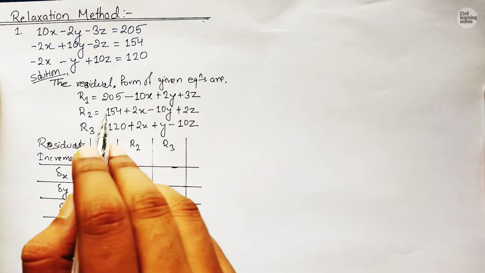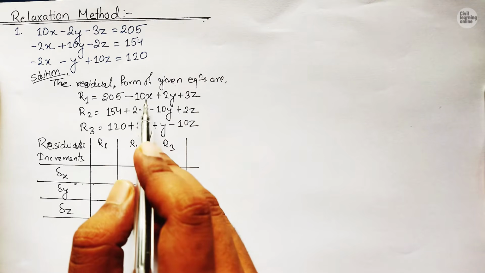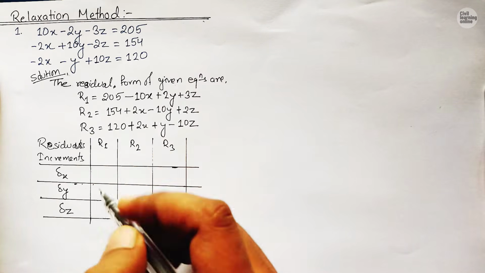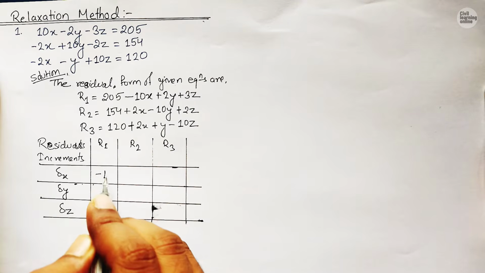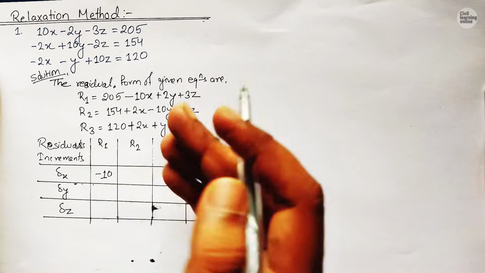Now what we will do, we will write down the coefficients of the variables, horizontal variables, in vertical form. So here it is minus 10x, means we will write here minus 10, and we will write horizontally to vertically.